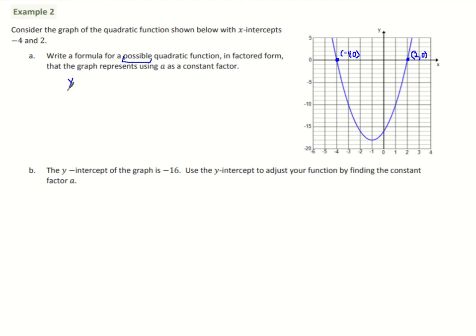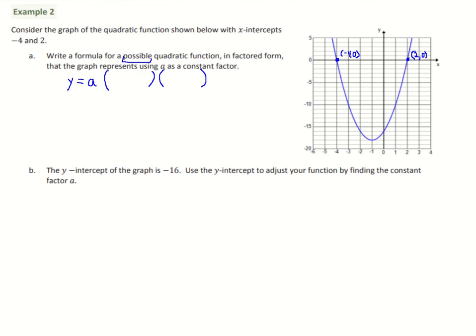So, we are going to have y is equal to a times a set of parentheses and another set of parentheses. Now we need to find out what's going to go into these parentheses.